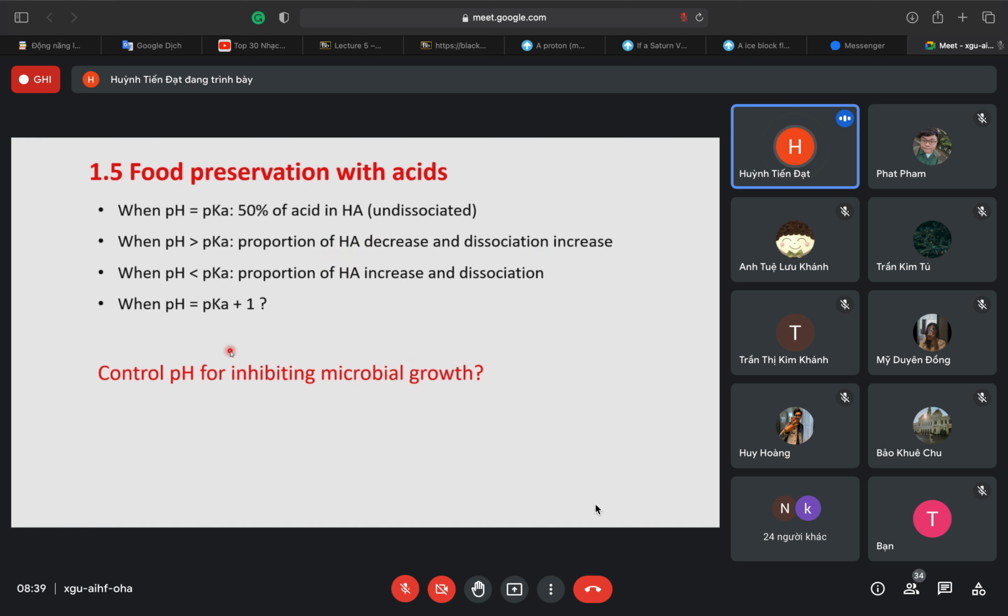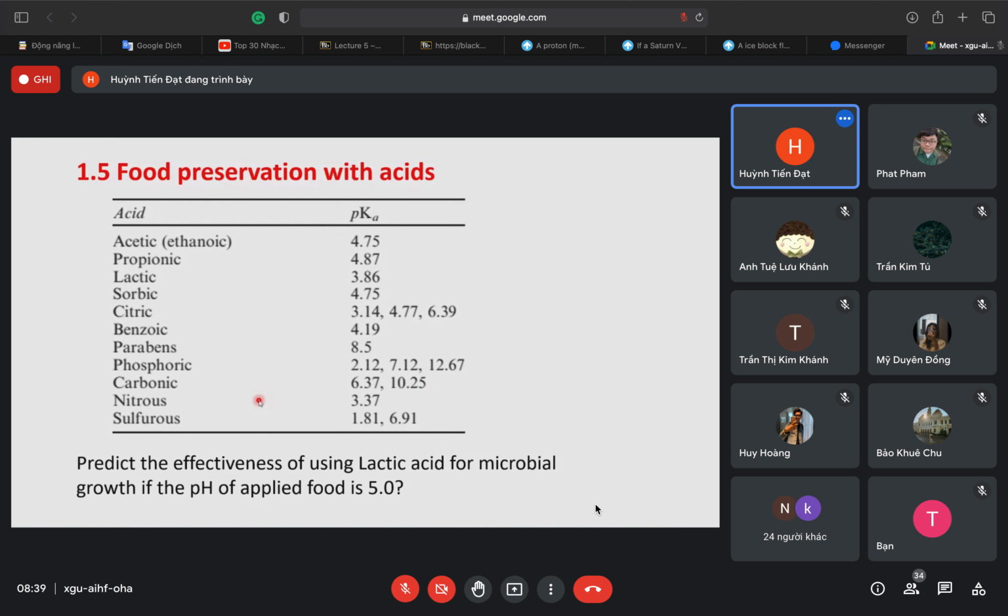So can we control the pH for inhibiting microbial growth? And the answer is yes, we can do that. All right. So we got the acid here, we got the pKa. Some of them can dissociate in three different acid groups.